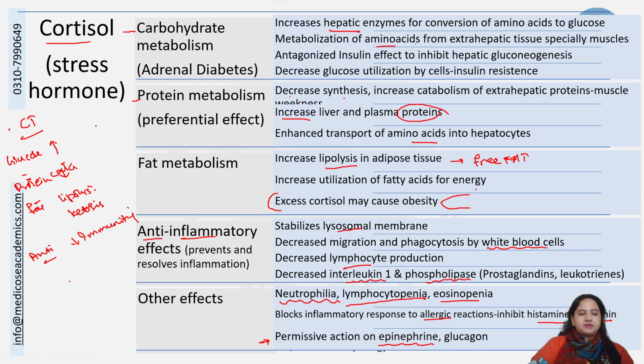And permissive action, if we look at it, the excessive cortisol might lead to excessive blood pressure, hypertension, because of excessive sensitivity to norepinephrine. And if we reverse all of it, cortisol is less, glucose might not be enough in case of stress. Blood glucose, the permissive effect is lost, the gluconeogenesis is less.